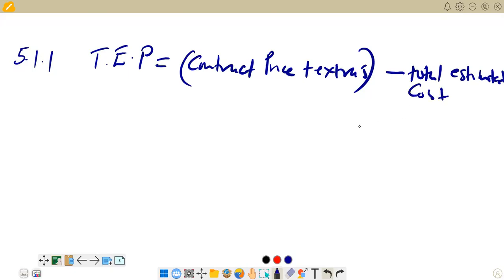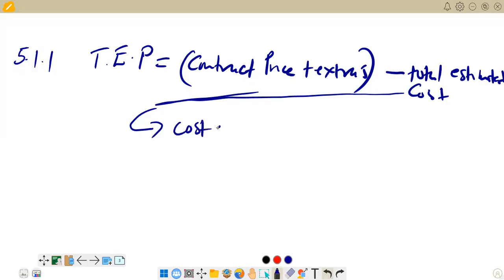And this total estimated cost, we also have to find it here by saying cost incurred plus future cost to be incurred.